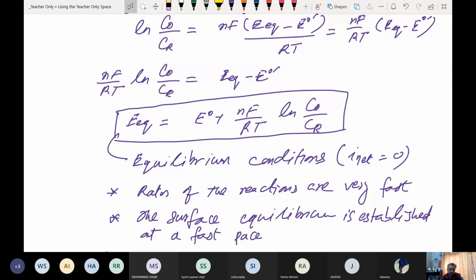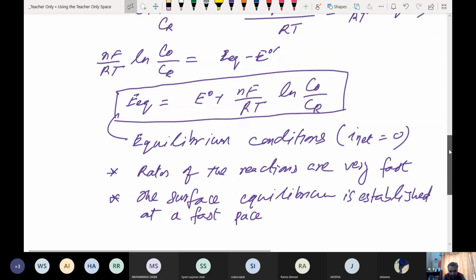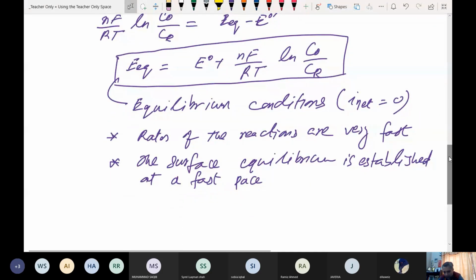Although it is a non-equilibrium situation, if the surface equilibrium is achieved at such a fast pace, you never know that there was a non-equilibrium situation, yet you know that it was. But again, this equation is valid only when you have an equilibrium condition, that is, when I net is equal to 0. Otherwise, this equation will not hold.